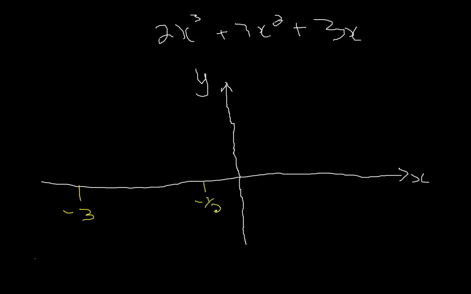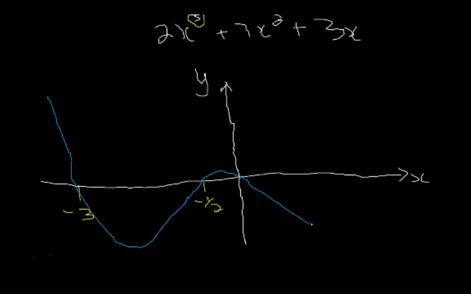So what this graph might look like, because it's a polynomial of the third degree, remember you don't need to learn this, this is just me showing something extra. This might look like a maximum. Oh, I thought it was a minimum.